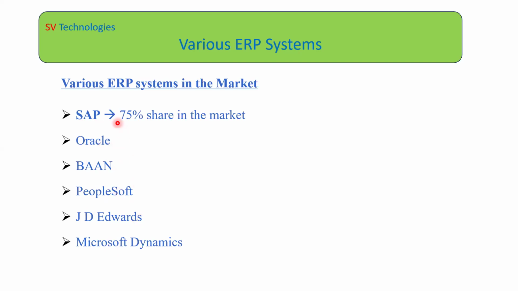You might be aware of some of these, like SAP and Oracle. I'm not sure whether you have heard of PeopleSoft, but SAP you might have heard, along with Oracle, JD Edwards, and Microsoft Dynamics. These are the various ERP systems available in the market. Out of these, why is SAP leading? SAP has taken more than 70% of the market share. I'll explain why.